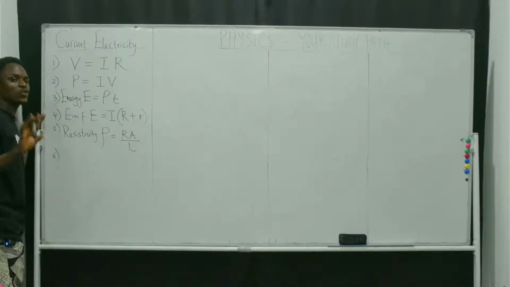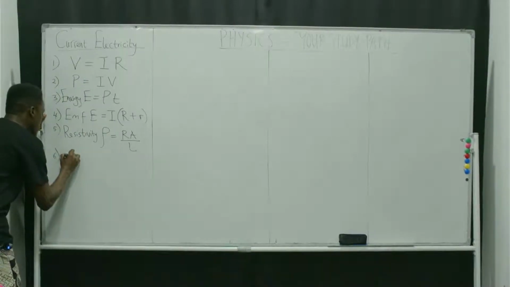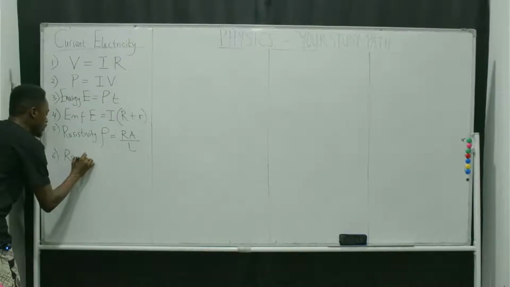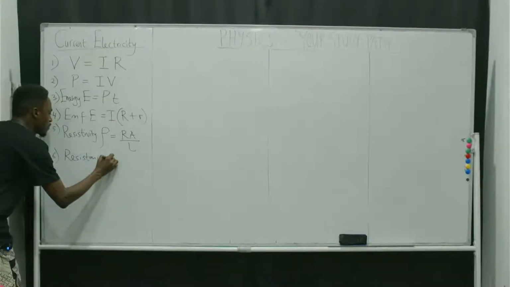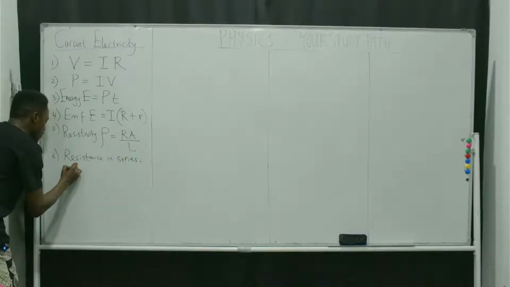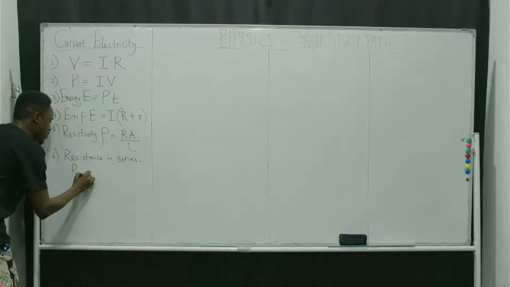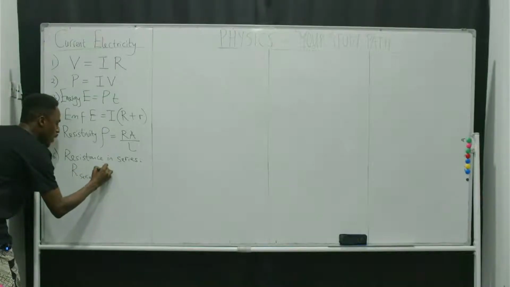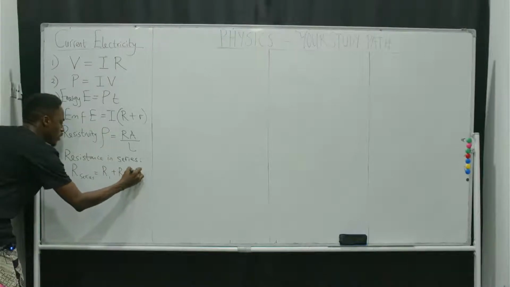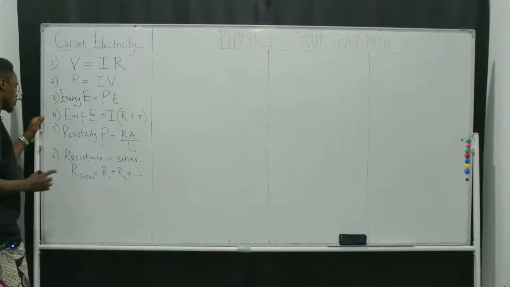Whenever we're making reference to connection in series, we have resistance in series, R series, equal to R1 plus R2 plus a continuation of the number of resistors in the circuit.